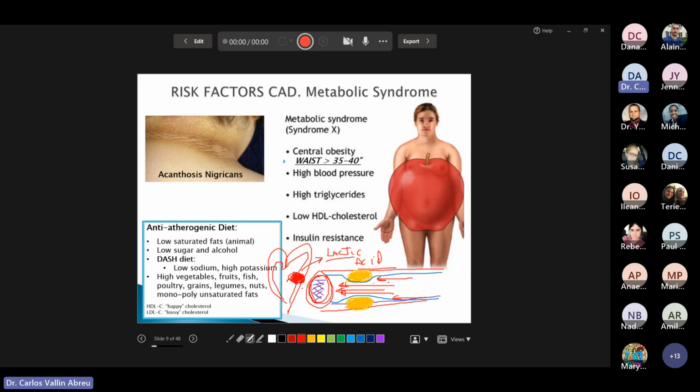So that's why when a person has partially obstructed or narrowed arteries in the heart and starts exercising, they will experience chest pain, because of the production of lactic acid by the ischemic region of the heart that depends on this partially obstructed artery.